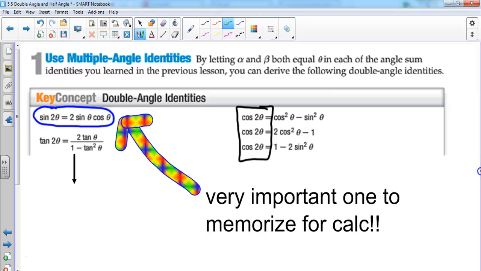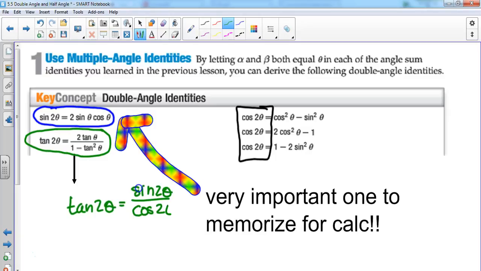All right, tangent 2 theta, once again, looks complicated. I need to make this clear that the tangent of 2 theta is also equal to the sine of 2 theta divided by the cosine of 2 theta.